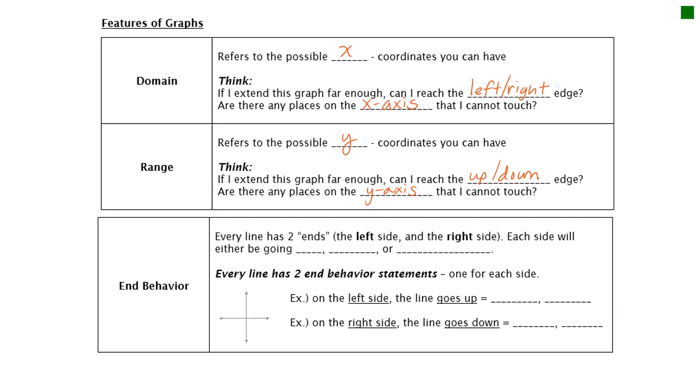Finally, end behavior is talking about the ends of the line. So every line has 2 ends, the left side and the right side, and each side will either be going up, down, or straight across.